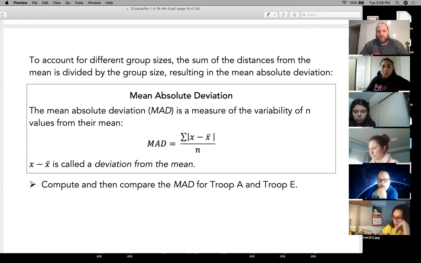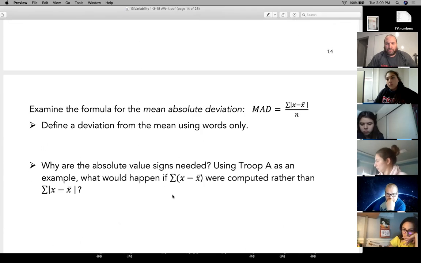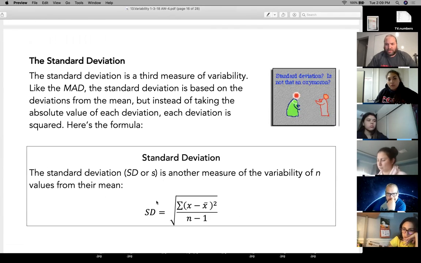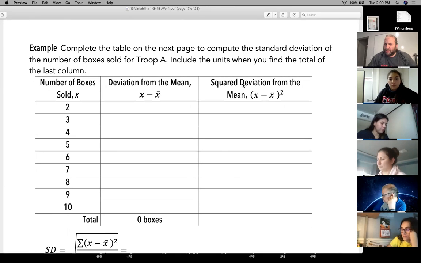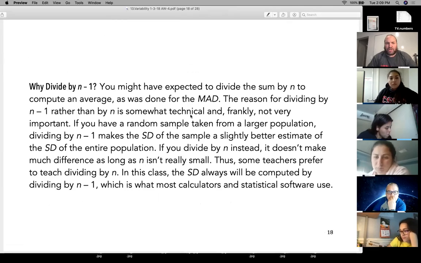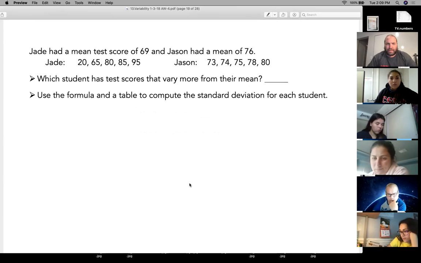Its importance is more of a stepping stone toward the standard deviation. We talked about the standard deviation. We talked about dividing by n minus 1 in terms of this thing called bias.